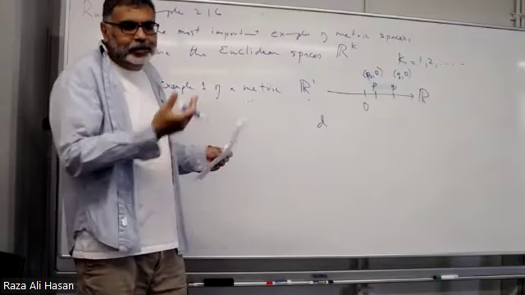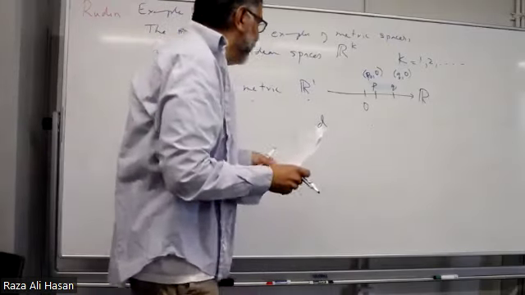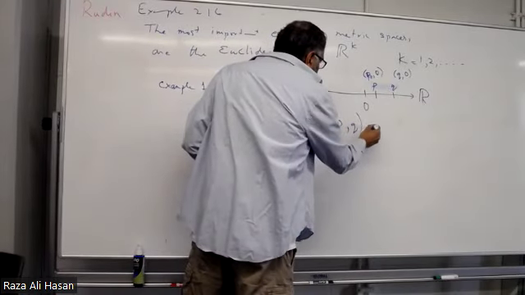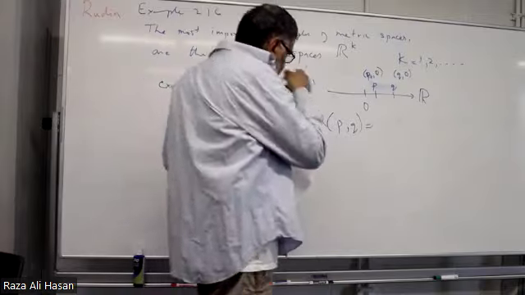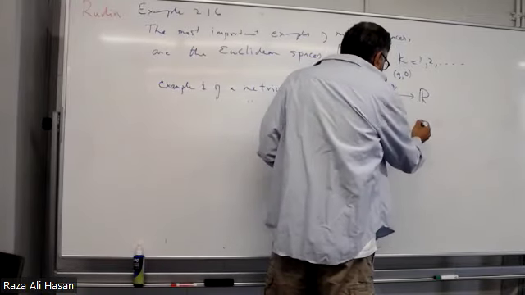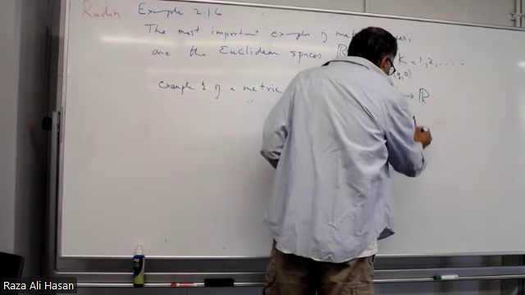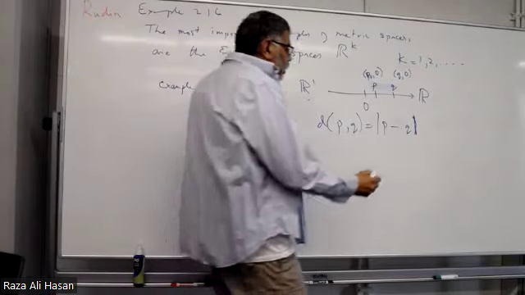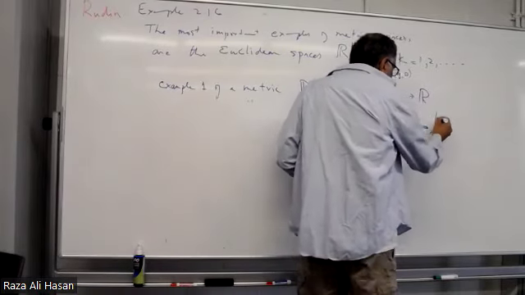That's my take on it. I mean, the books don't really specify that. And then we do D of P comma Q equals absolute value of P minus Q. So these are absolute value signs.